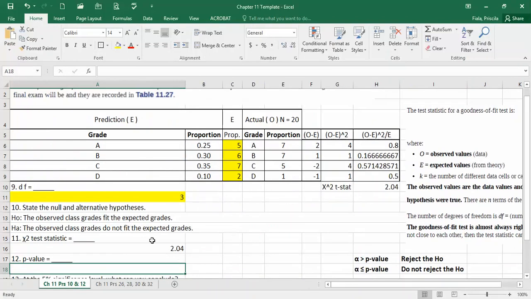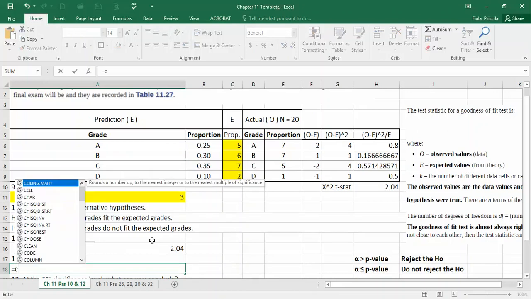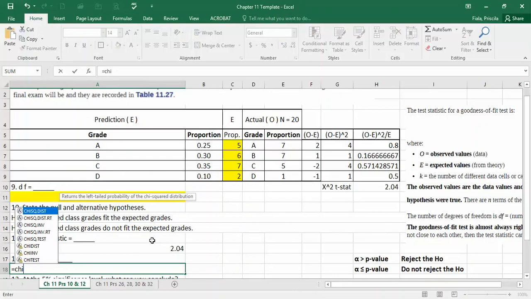So Excel has a formula for that. Let's start typing chi, which starts with the C. So chi, oh, here we go. See where it says chi-square distribution right tail. Chi-square distribution right tail. Right here returns the left tail.